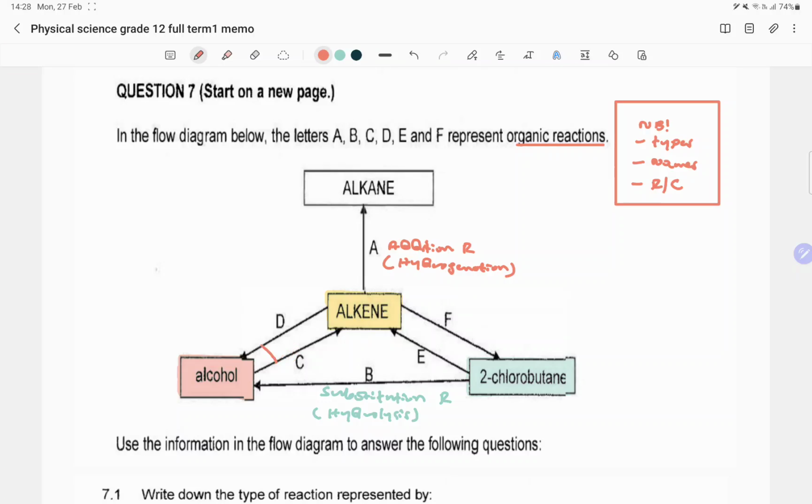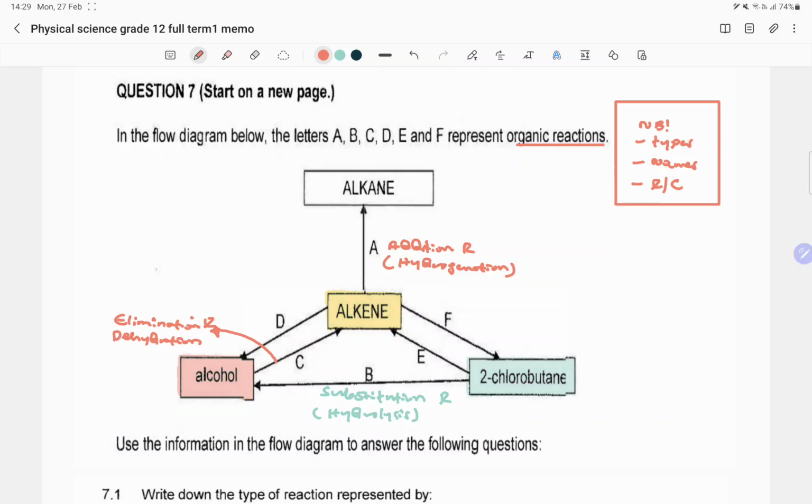Now we're moving from this to an alkene, so it means we must have done an elimination. That's an elimination reaction, but this one, we removed water out of this to make an alkene, so it is dehydration. We dehydrated it. Great stuff.